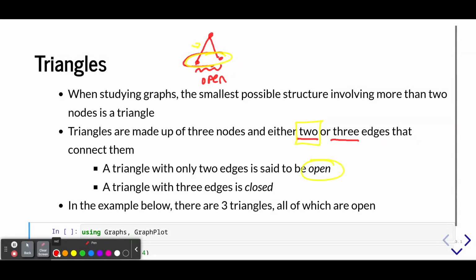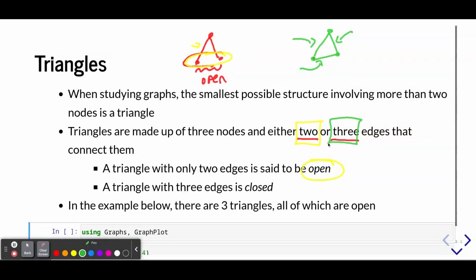On the other hand, suppose we have three nodes in our triangle, and we also have three edges. In this case, we would say this is a completely closed triangle. There's not any entry point into the set of three nodes. It's all closed off.